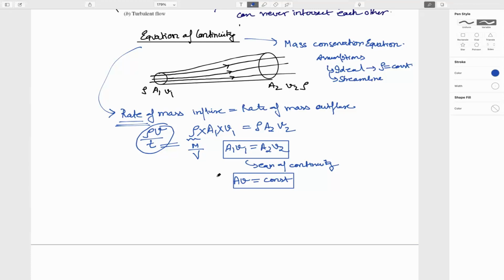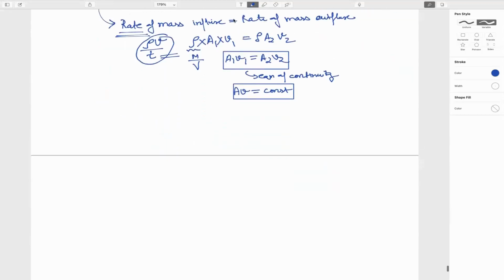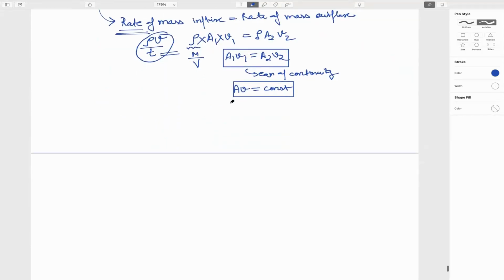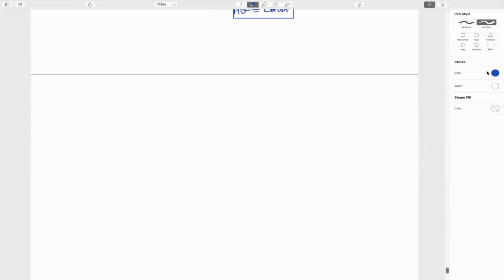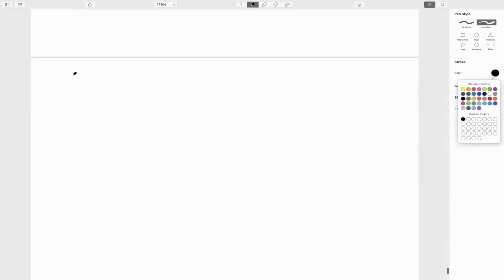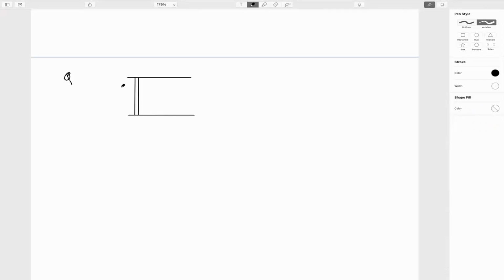I am giving you one question to try at home. That is a previous year question of JEE. There is a piston. The area of cross section of this is 8 mm, and the area of cross section here is 2 mm, and the piston is moving with velocity 25 meter per second.